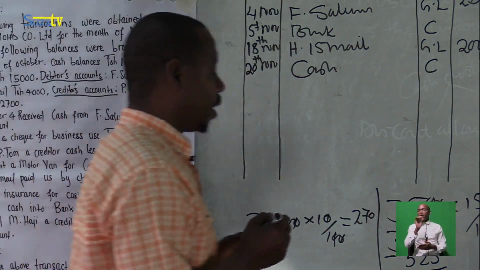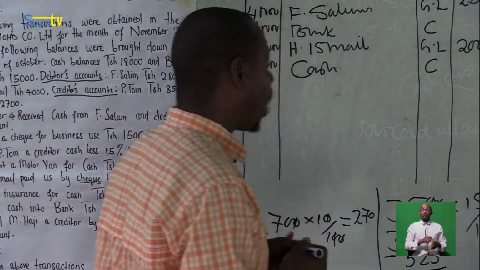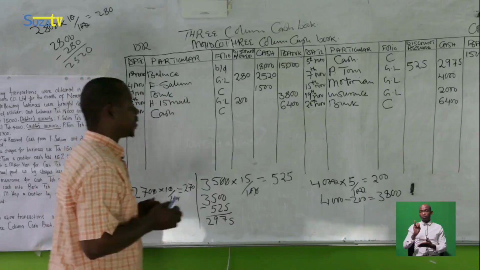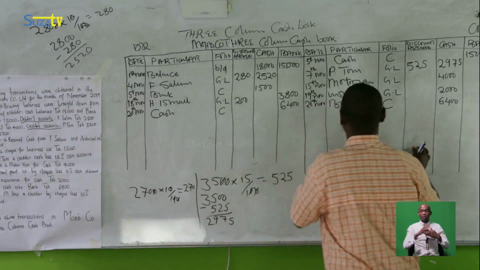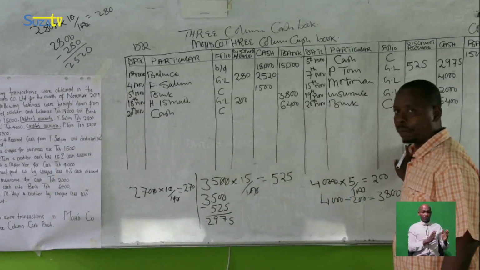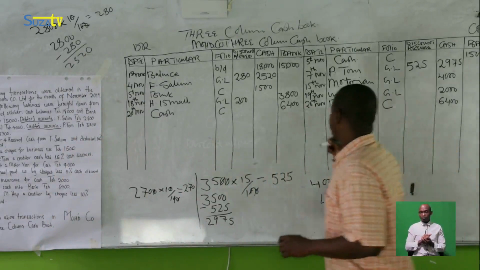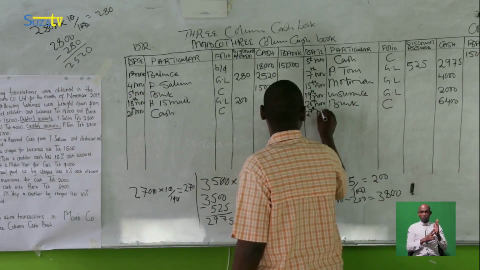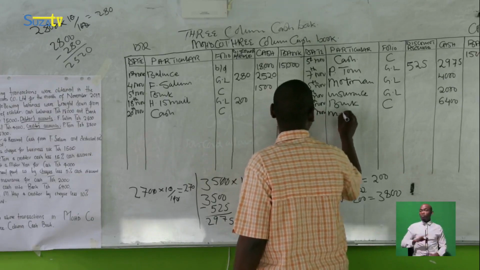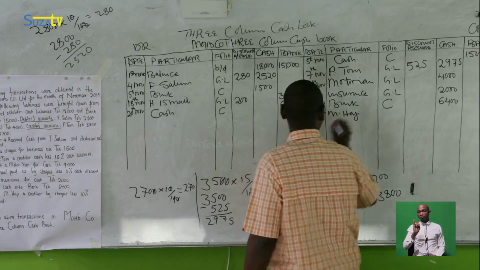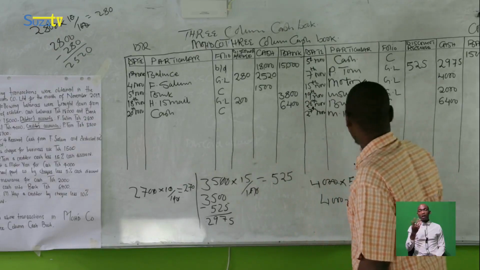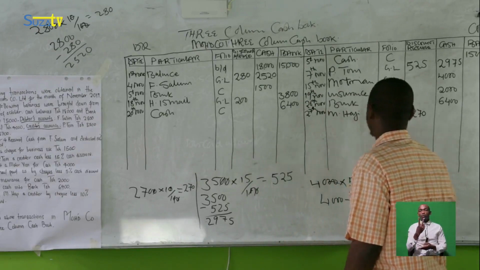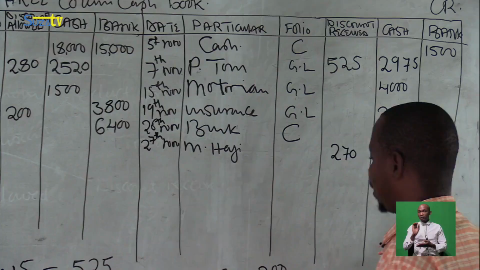Okay. If the business wants to pay M. Haji, we should record it at the credit side. This side is the side of payment. We record 27th November, M. Haji. How much will he give us as discount? 270.